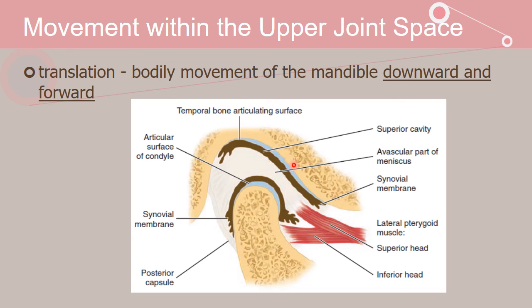The articular eminence and the concavity of the glenoid fossa actually dictate the path of the translation of the condyle. Translation occurs when one opens and closes the mouth beyond about halfway. Most movements of the jaw are a combination of rotation and translation, including during eating, swallowing, yawning, and talking.